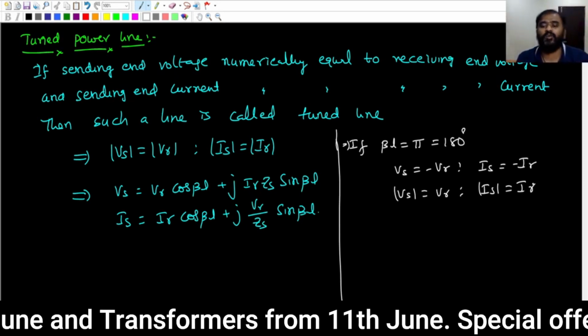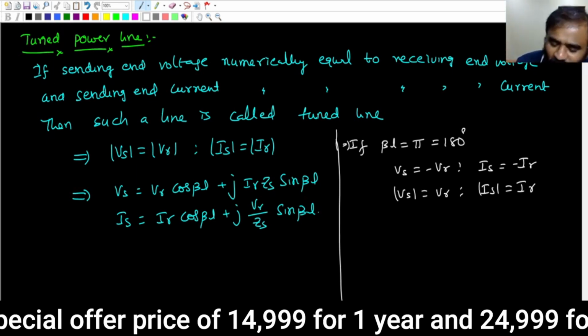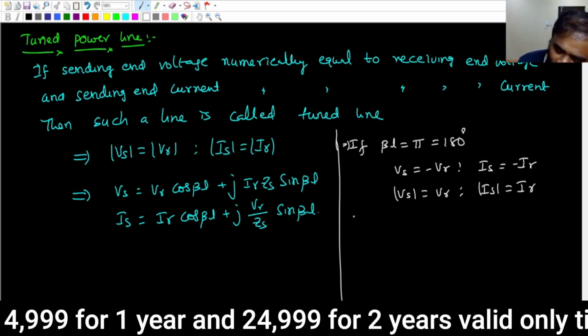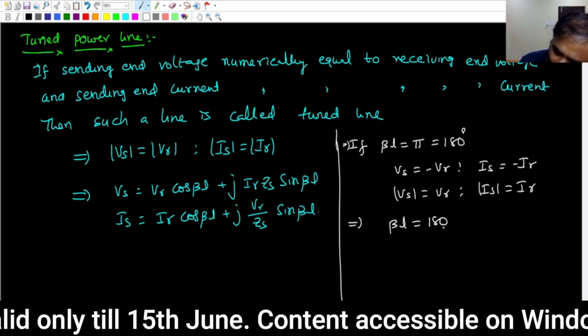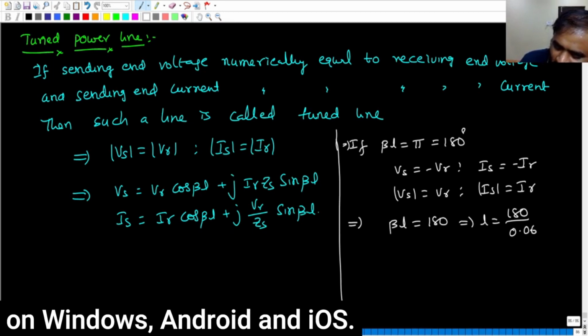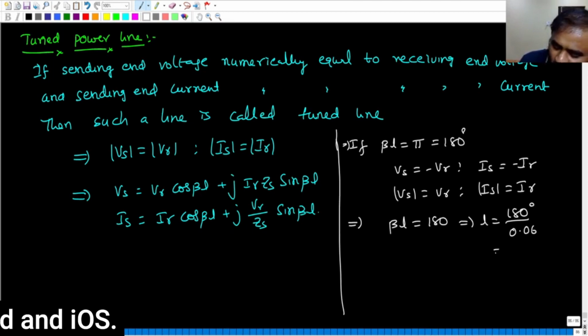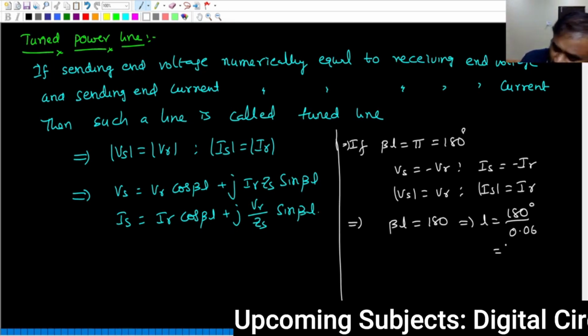Yes, now it is called a tuned line. But tell me, beta L 180 means what should be the length? Length equals 180 by 0.06 degree per kilometer. 180 by 0.06 means 3000 kilometers.